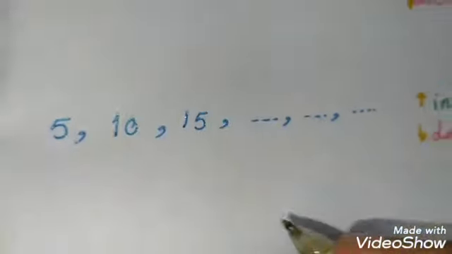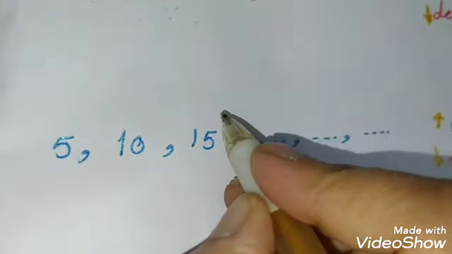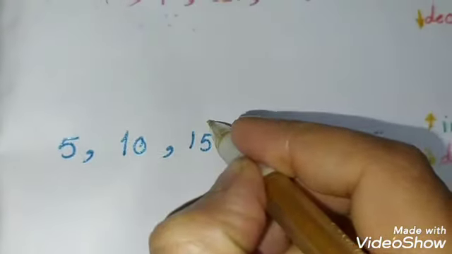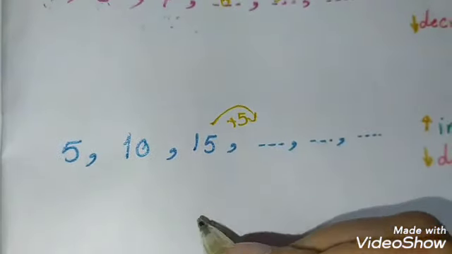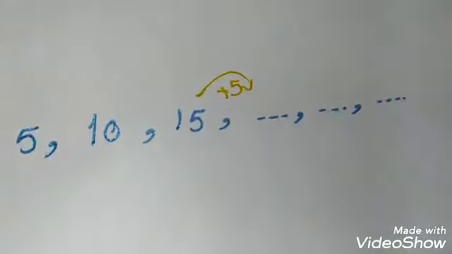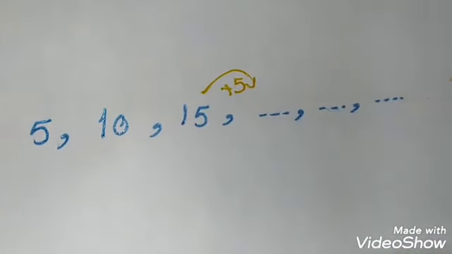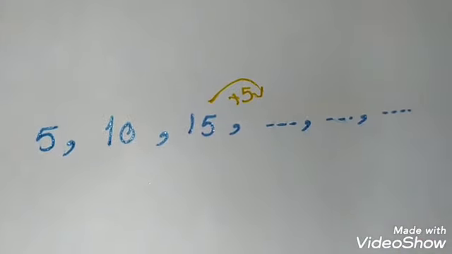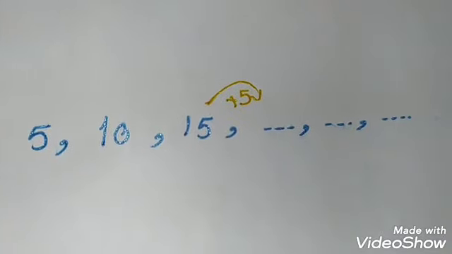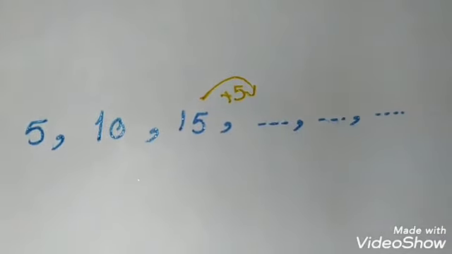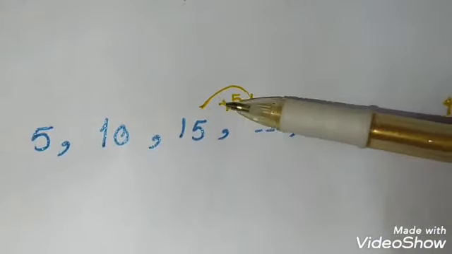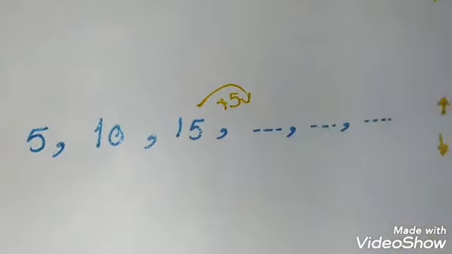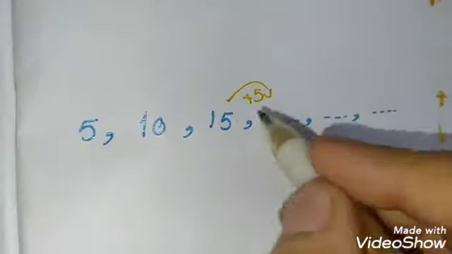Now let's complete this pattern and find out the next number. You add 5. 15 plus 5. Do this addition in any way which you find easiest for you. Counting on, or addition, ones plus ones and tens plus tens. Of course, there are no tens here. But most of you know that pattern.